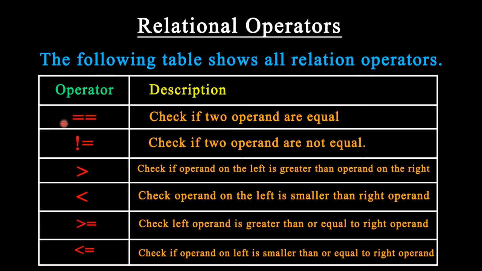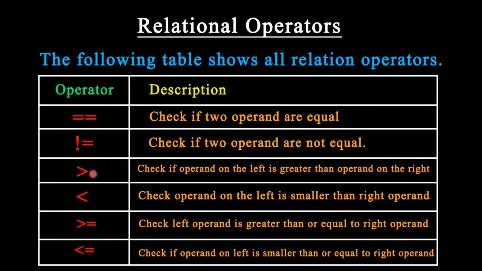That means suppose here we write A double equals B, then it will check if B has the same value as A. Then comes the second relational operator, which is exclamation equals. This means not equals. What this operator does is check if two operands are not equal.